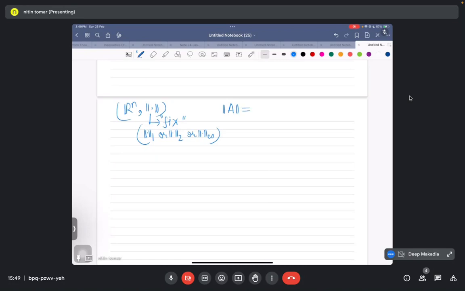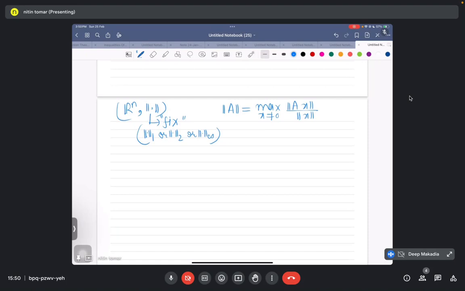Now I want to compute this norm, which is nothing but norm Ax by norm x when x is non-zero. Correct? Yes, this is the definition of a matrix norm subordinate to this given norm.